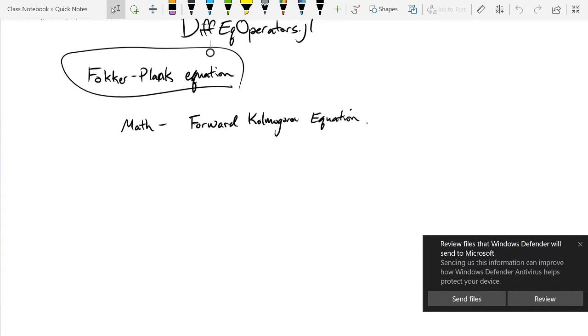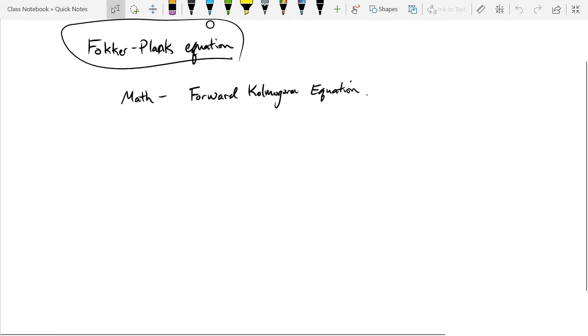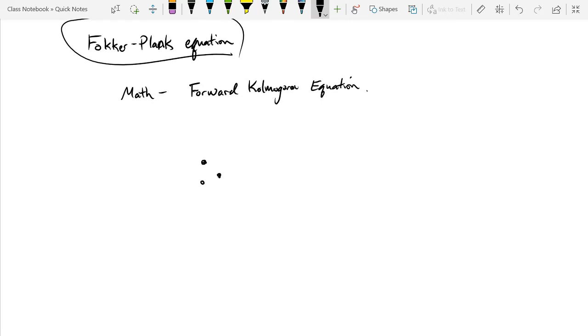But the general idea here is that you can model a lot of random processes in two different ways. If you have a random process where you have particles, there are two different ways to think about this, and one is the level of a single particle. If you take this particle and say that it moves, its position is some deterministic function, dx/dt.